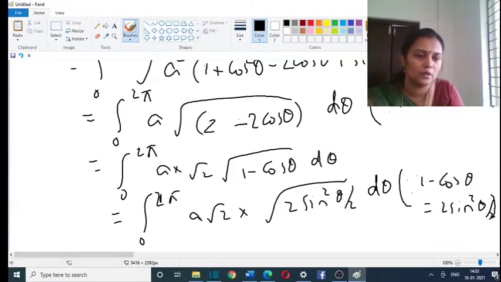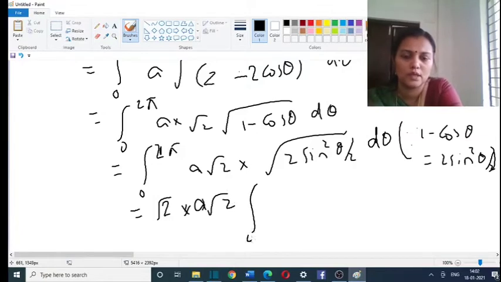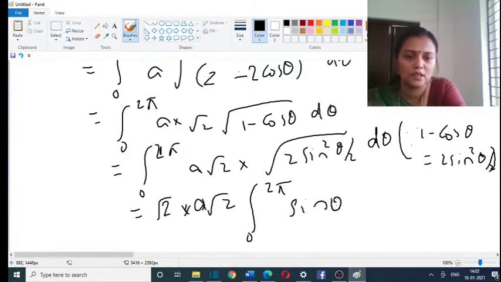So it is a root 2 into the square root of 2 sine square theta by 2 d theta. Now that root 2 also we can take outside, so it is root 2 into root 2 into a, the integral from 0 to 2 pi of the square root of sine square theta by 2 d theta, which is sine theta by 2 d theta.